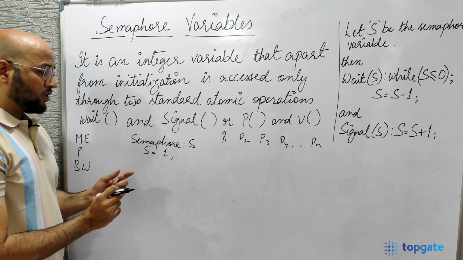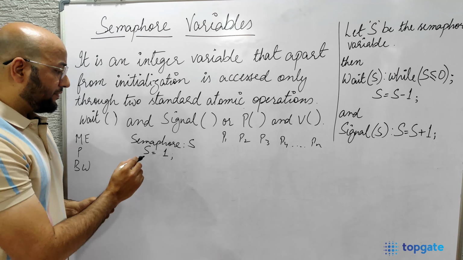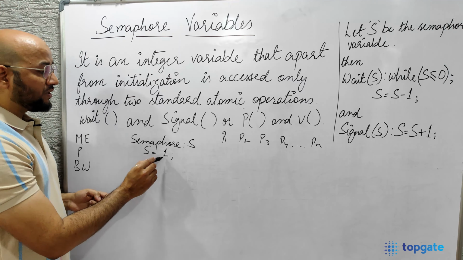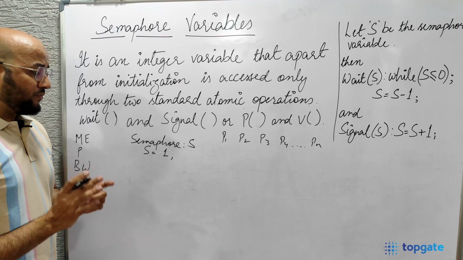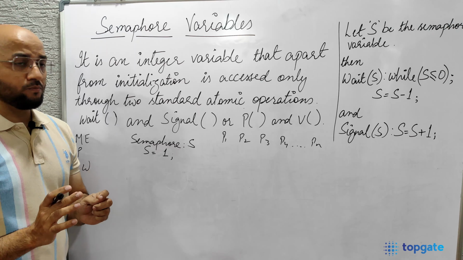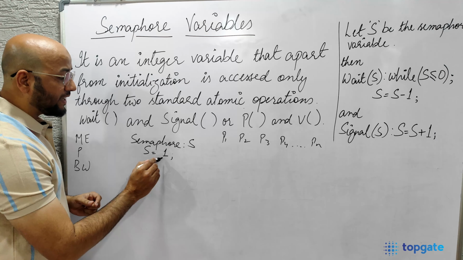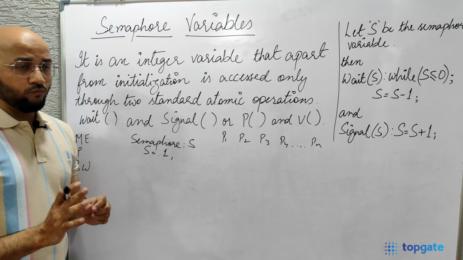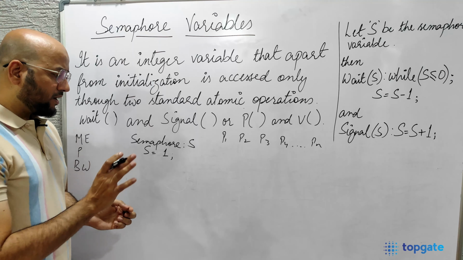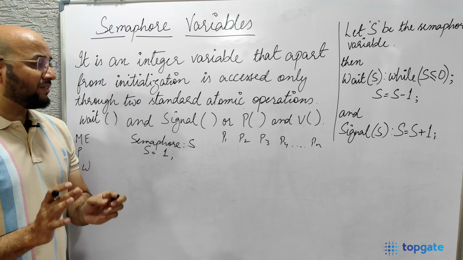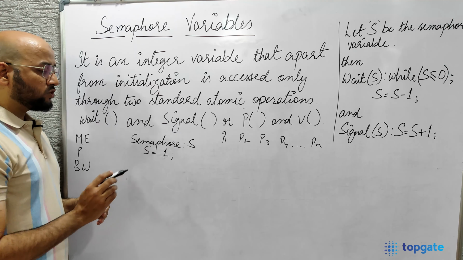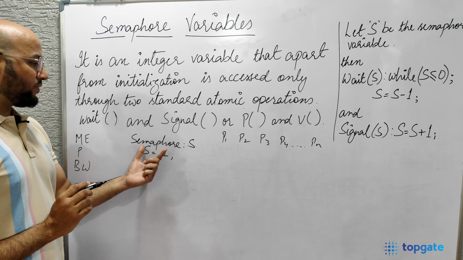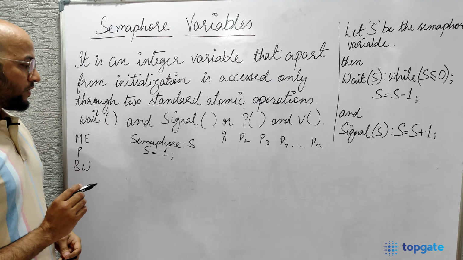Now remember, this initialization with the value 1 is very important here. Whenever we are solving a critical section problem, we always initialize this value as 1. We can initialize with any value, but specifically for solving the critical section problem, we initialize it as 1.